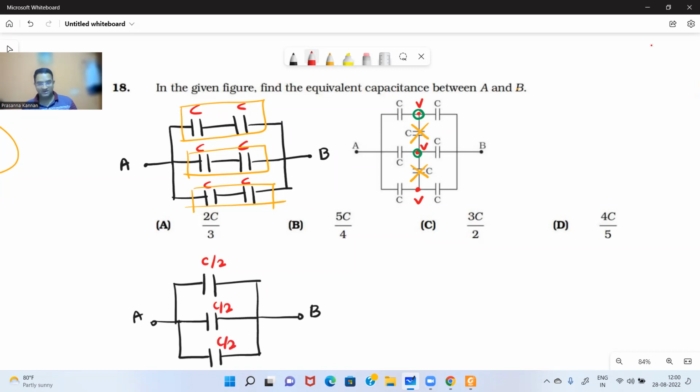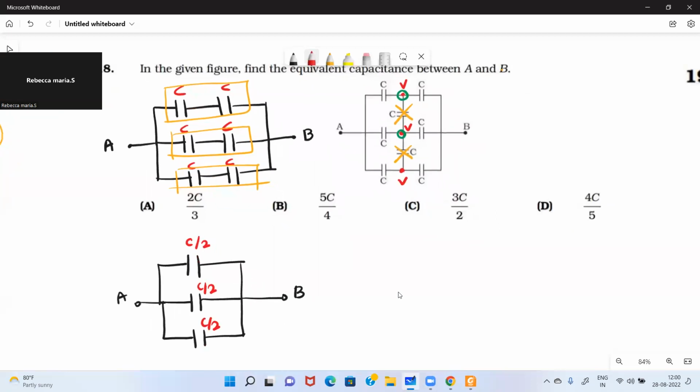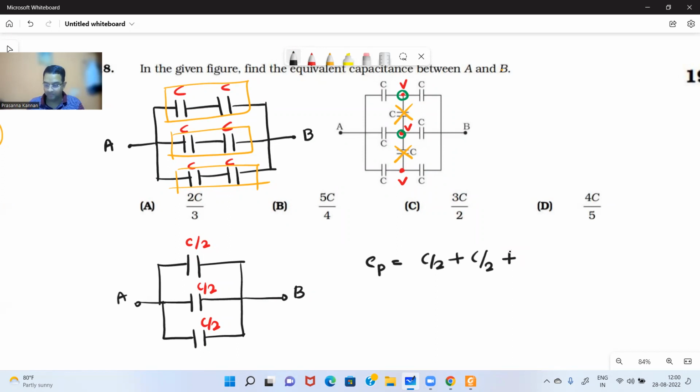And all these three branches, how are they connected? Parallel. They are connected in parallel, so the effective capacitance is simply the addition of the three capacitances. So it will be C by 2 plus C by 2 plus C by 2. So what will the answer be? Three C by 2. Is that clear?